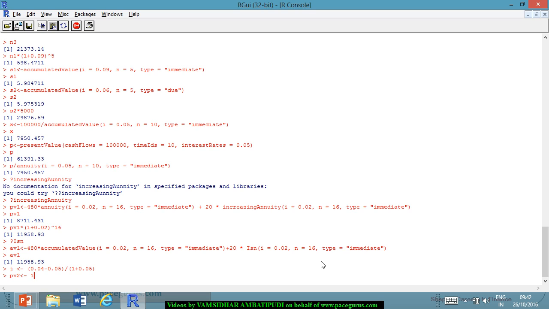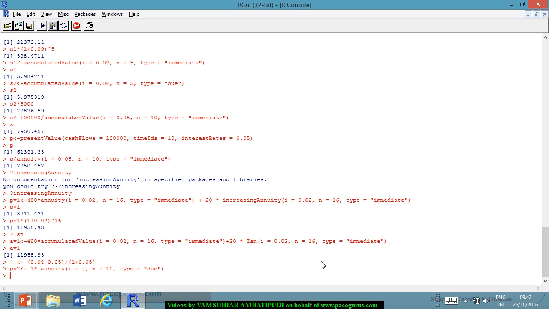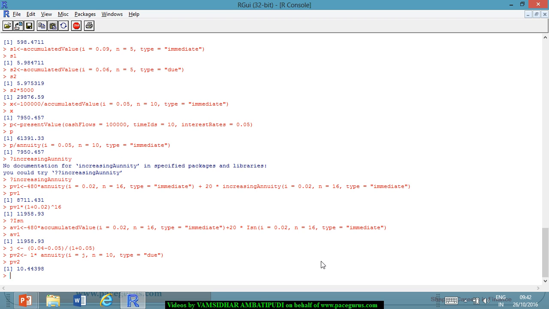The amount is 1, and everything goes the same way, but now I directly take J, my new interest rate. N is 10 years, and the type is annuity due. Based on this, I get my PV2, which works out to 10.44.